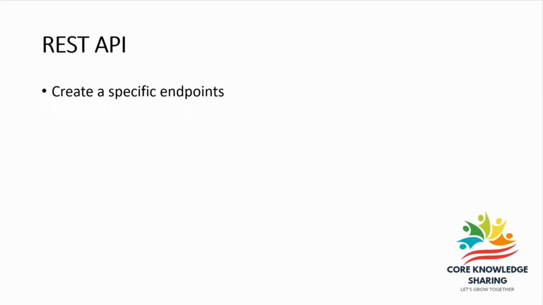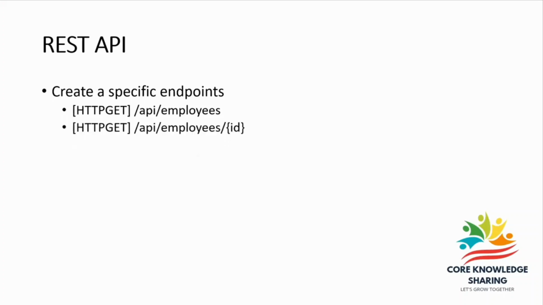So, for example, let's say you are building an app which is going to work with employees and departments. If you want to get all the employees, in this case, you have to create an HTTP request and have an endpoint around it. And the same if you want to retrieve the detail of a single employee: you have to create another endpoint, passing the ID, and that will return the employee detail.